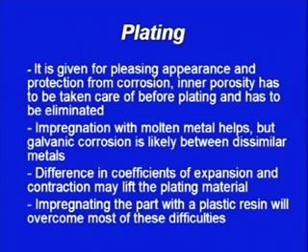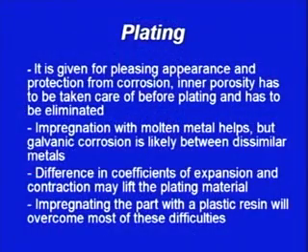Moreover, a difference in the coefficients of expansion and contraction may lift the plating material. So, if the powder metallurgy product that has been plated with some other metal is subjected to higher temperatures, or to certain conditions where it may expand or contract, the difference in coefficients of expansion and contraction may result in the lifting up of the plating material. So, how do we overcome this problem?